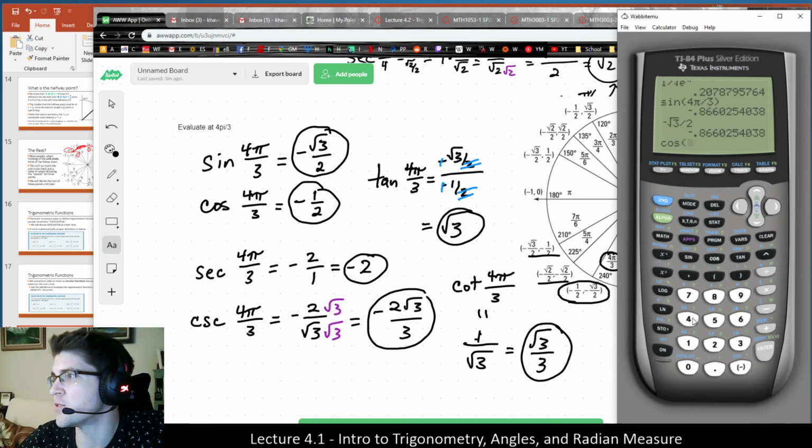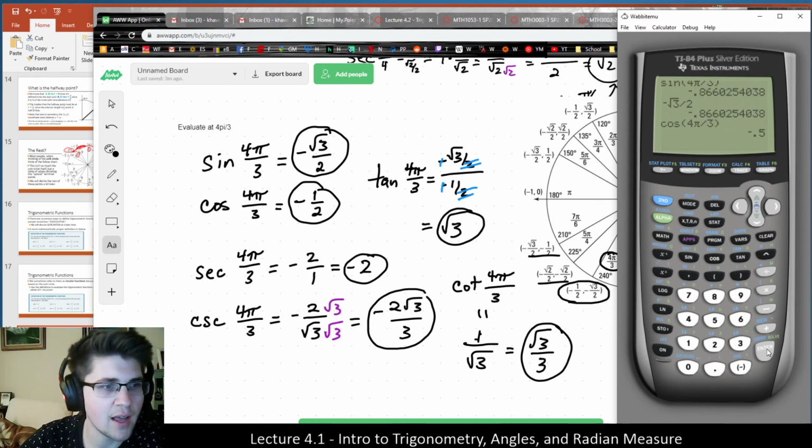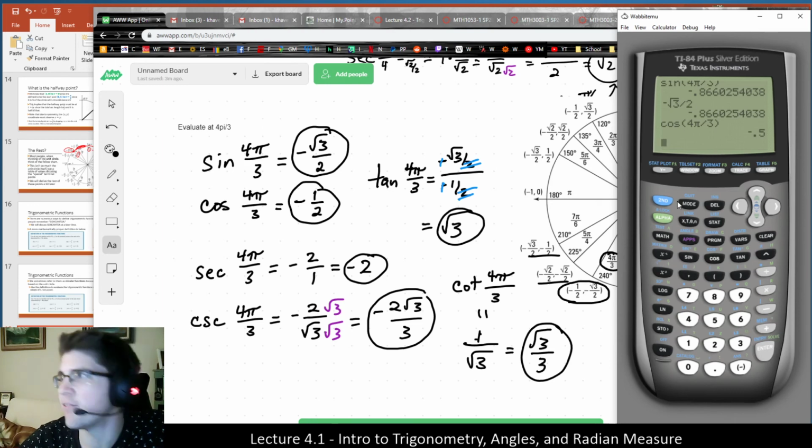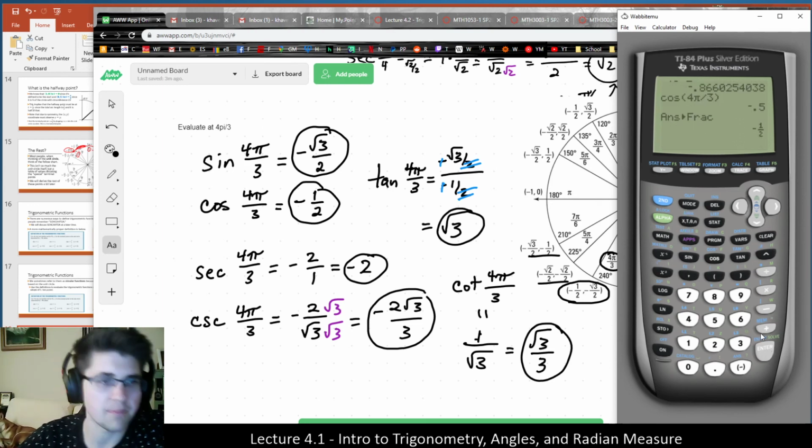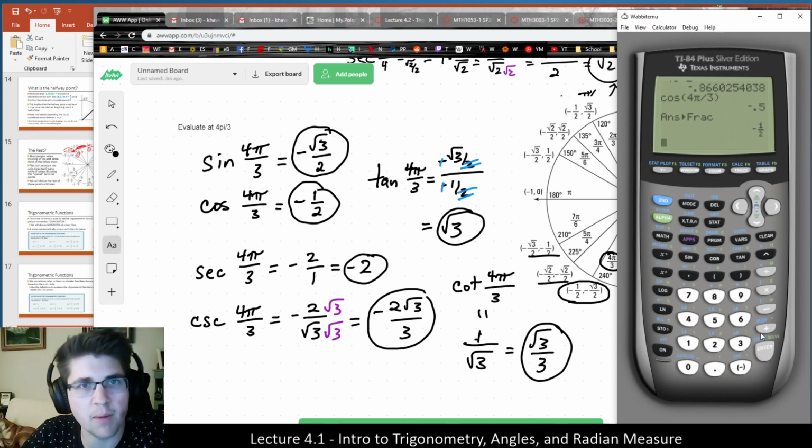Now, I could also do the cosine of 4 pi over 3 with my calculator. Notice that in this case, it does give me a nice exact answer, because it's 1/2, and we all know that 1/2 is 0.5. We could even change it to a fraction to check, but cosine of 4 pi over 3 is indeed negative 1/2.